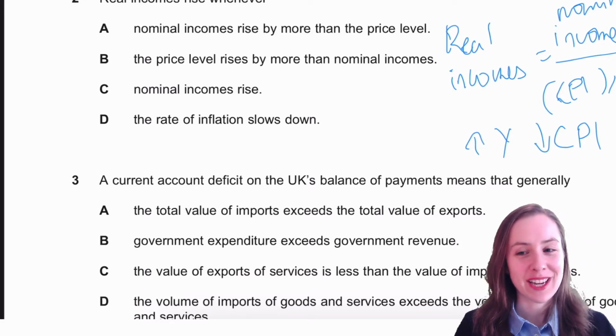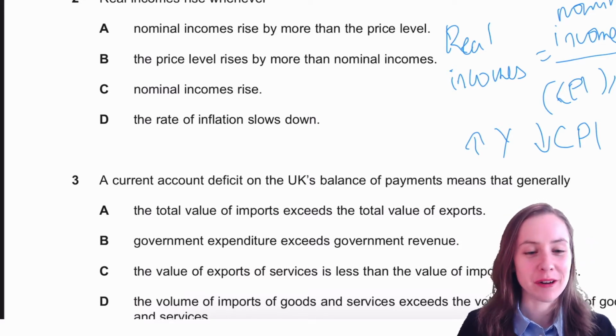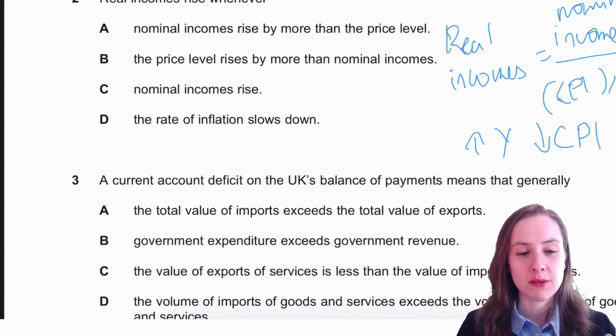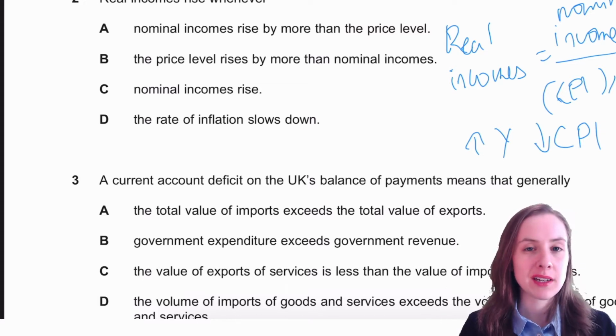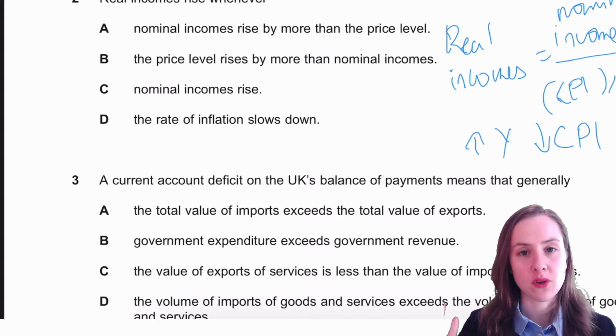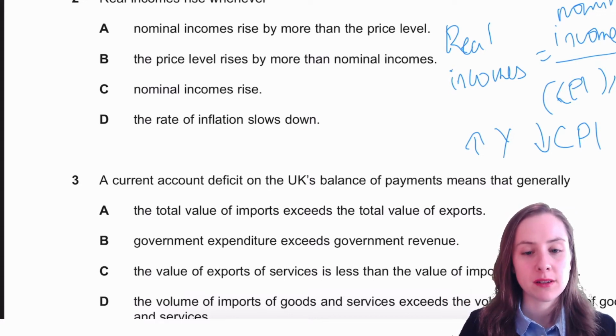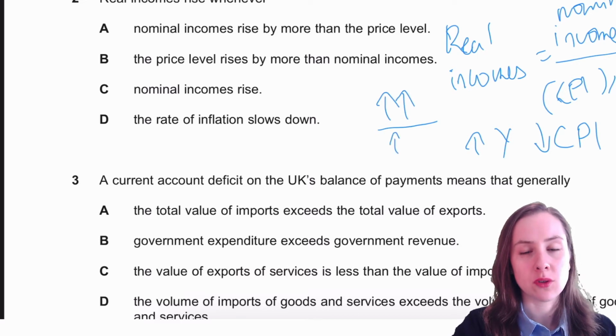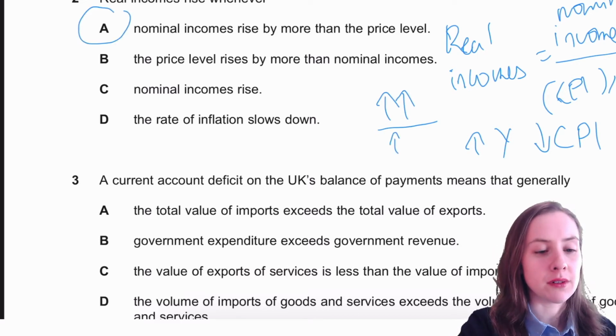Or a combination of both. You have nominal incomes increasing, CPI could increase, but if it increases slower than the nominal income, the numerator is going to rise a lot more than the denominator, so therefore real incomes will rise.